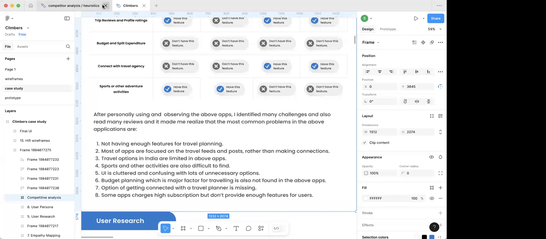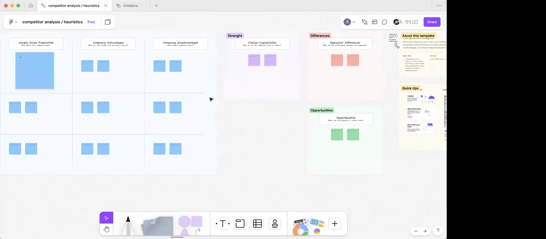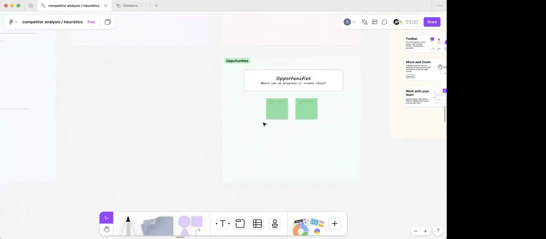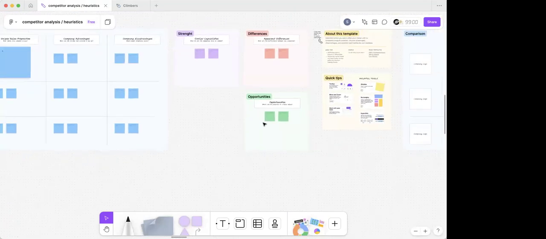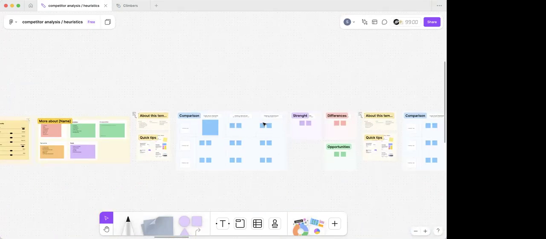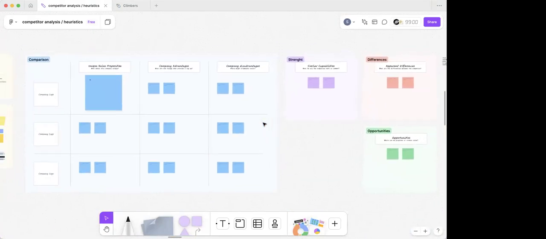Any doubts? Yeah, I have one question from the templates, about opportunities. Opportunity means scope of improvement. You'll see opportunities by understanding the weaknesses of your competition.